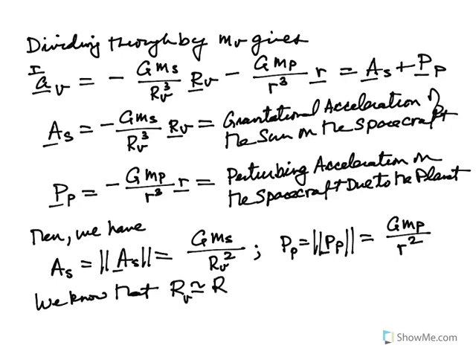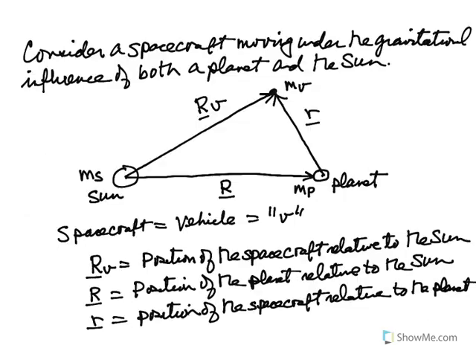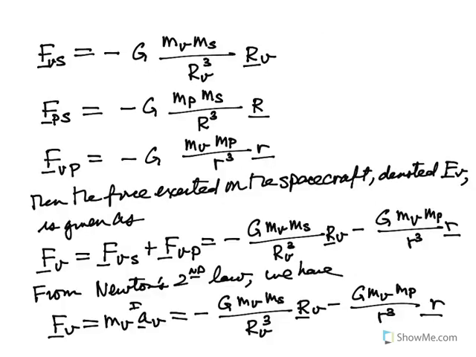What do we mean by that? Well, if we go back through the diagram here, you'll see that the distance between the spacecraft and the planet is very, very small.